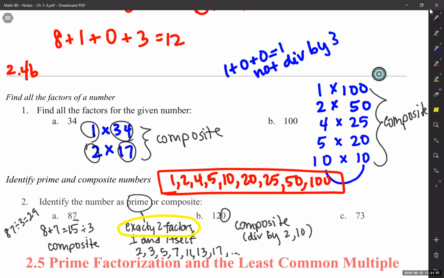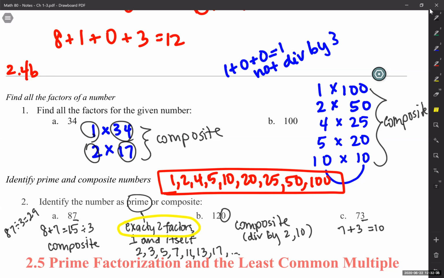All right, so finally, C. We have the number 73. Check out that last digit is a 3. So we know it's not 2 or 5 or 10. I'm going to add 7 plus 3 equals 10. That is not divisible by 3. So it's a good chance that this number is prime.